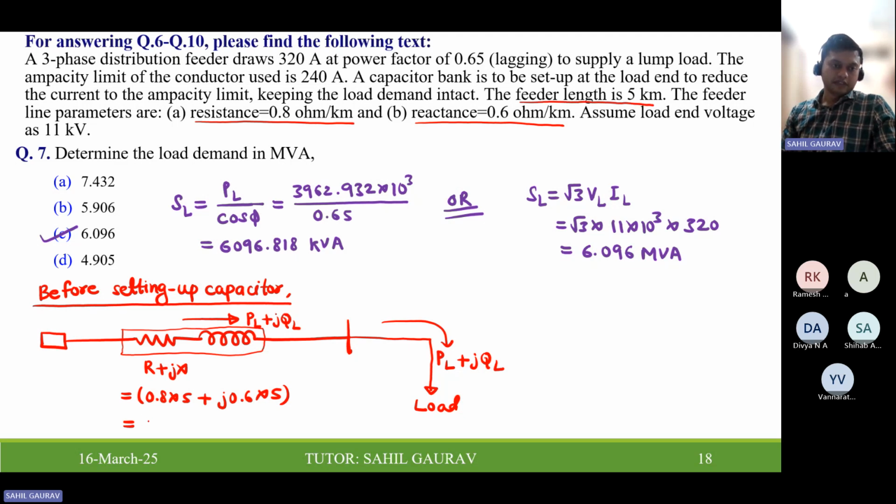So you have to multiply by 5. So 0.8 into 5 is 4 and 0.6 into 5 is 3. So this is the feeder impedance. And before the capacitor placement, all the power flowing to the load comes from the feeder.